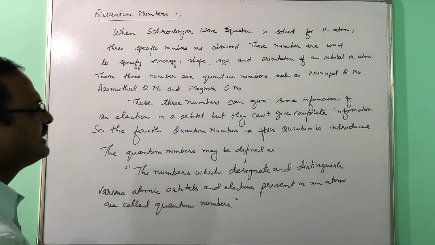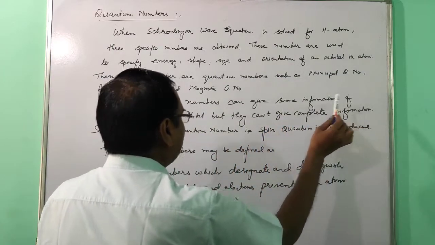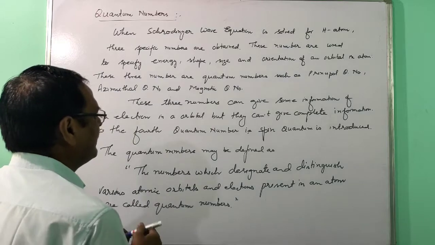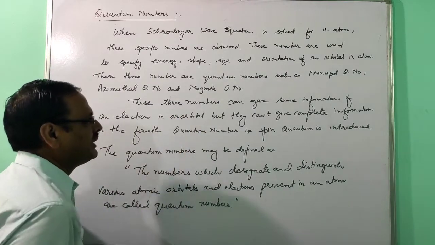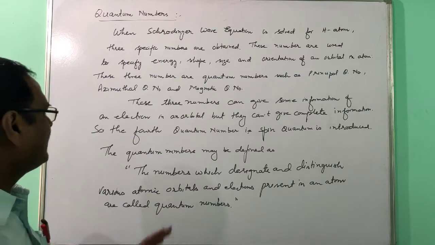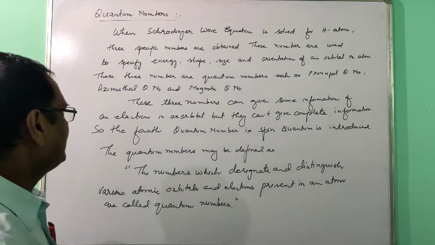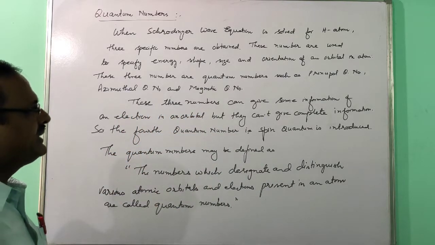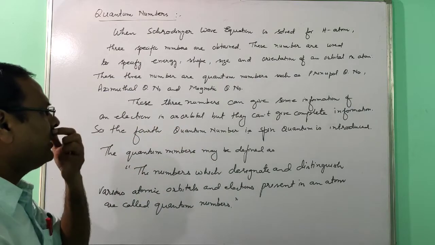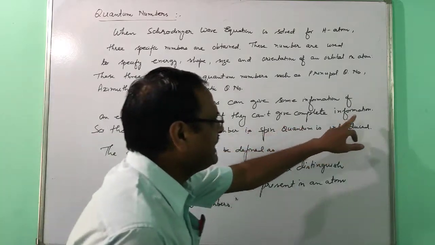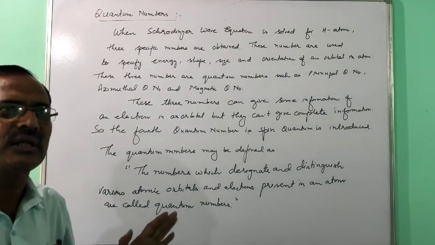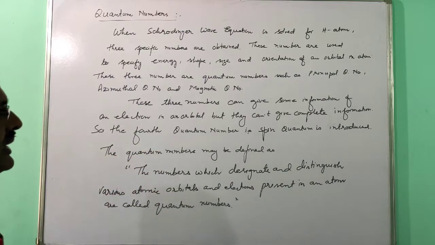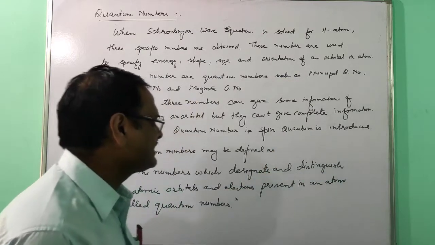These three numbers can give some information of an electron in an orbital, but they cannot give complete information about the electron in an orbital. So the fourth quantum number, the spin quantum number, is introduced.